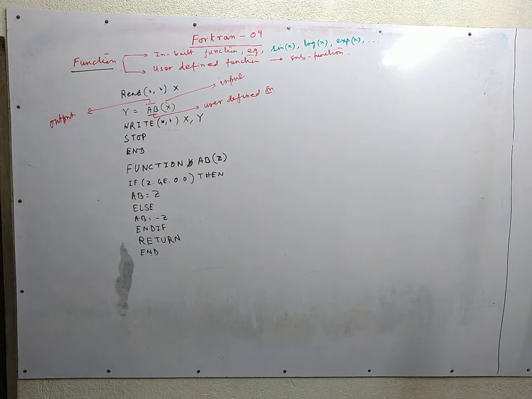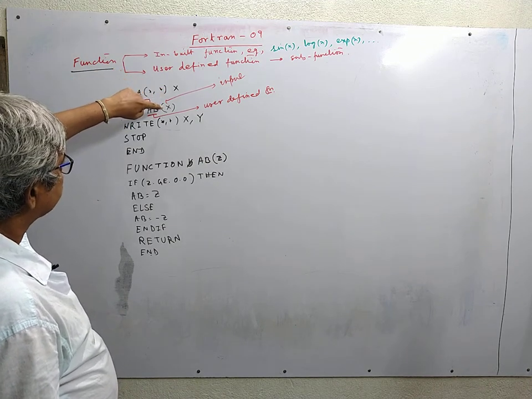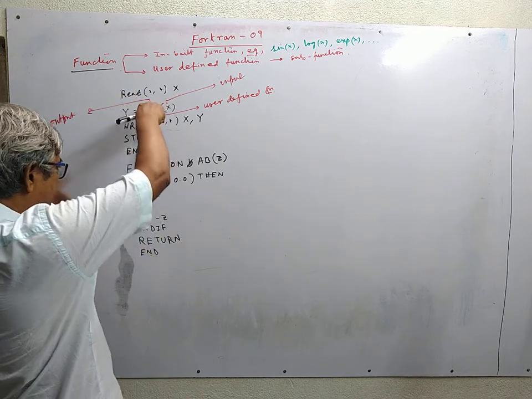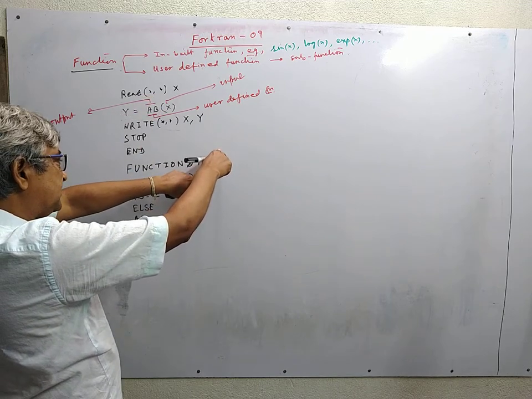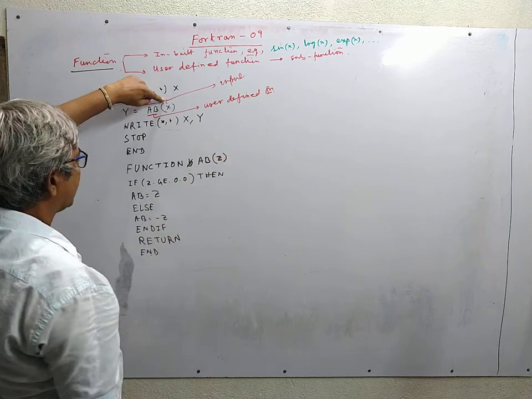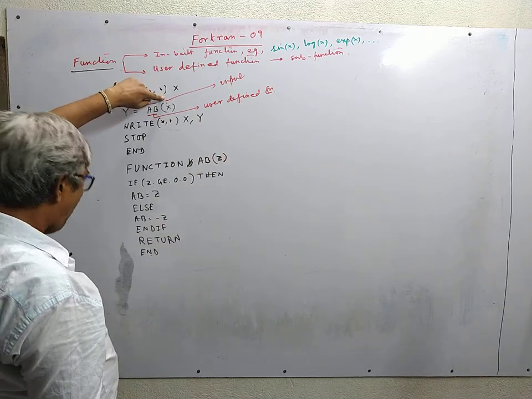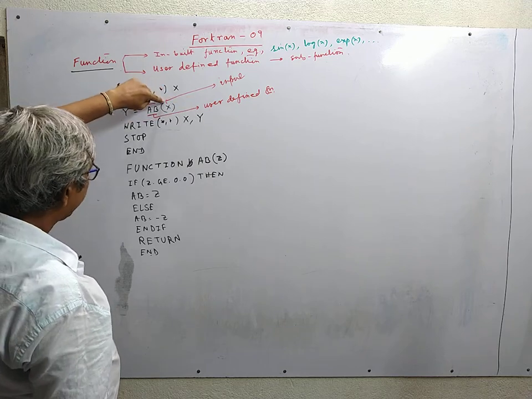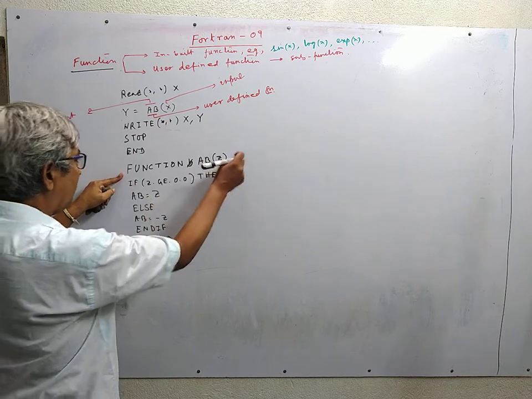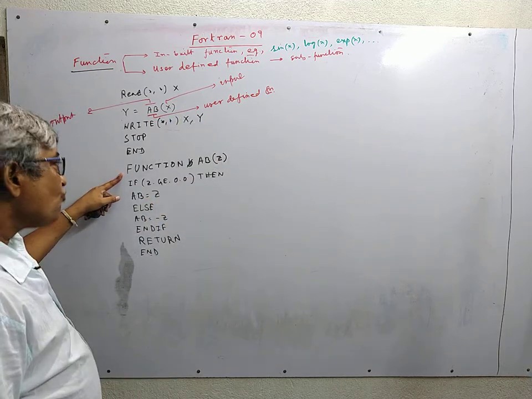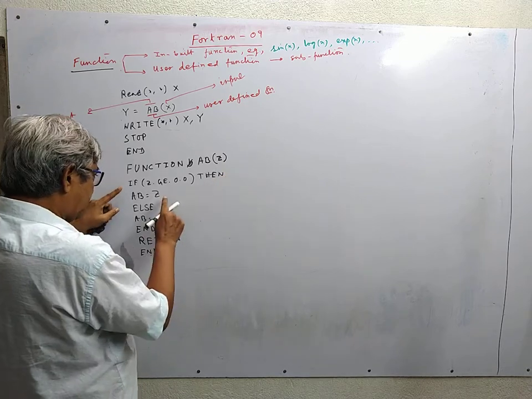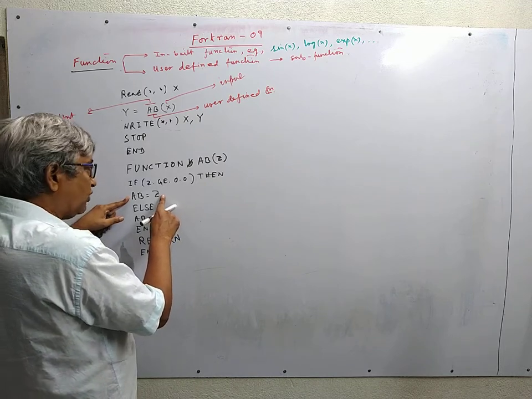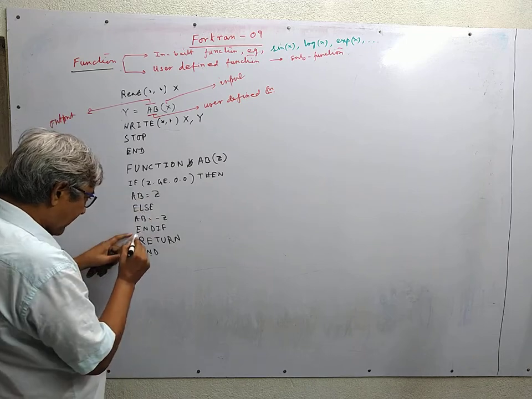So how does the program flow? Once the x value has been input, right from there the program jumps to the function ab, with z equal to 5.0, because we have taken the example that x is equal to 5. Then in the if statement, it calculates ab is equal to 5.0, and then the program comes back.